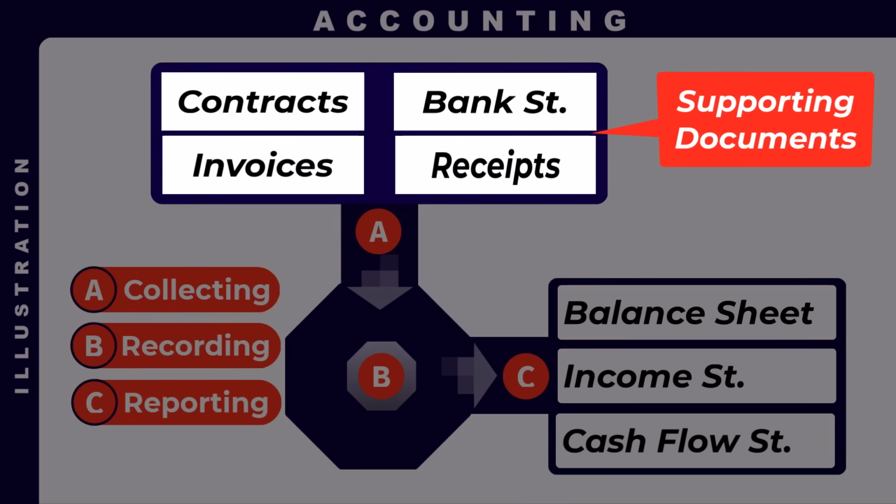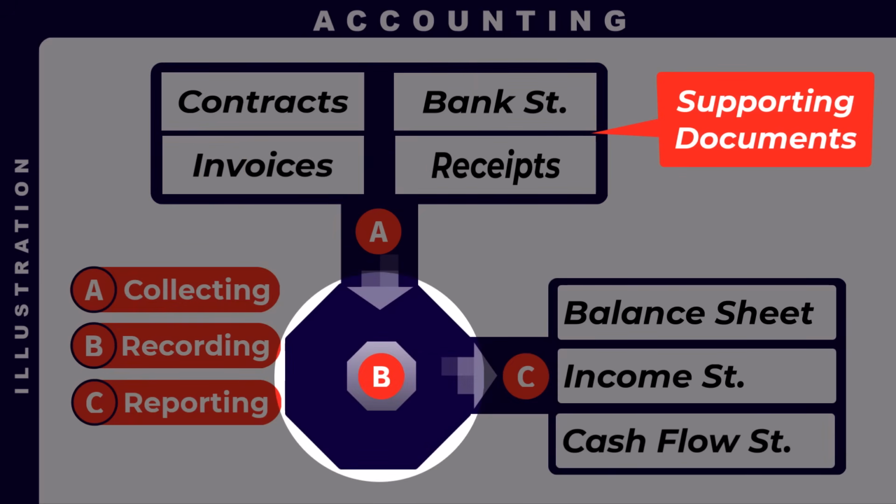Once the information collected is processed in the accounting system, that means once the recording activity is complete for an accounting period, like a month or a year, different types of outputs are produced. We will discuss accounting periods in the last section of this video.